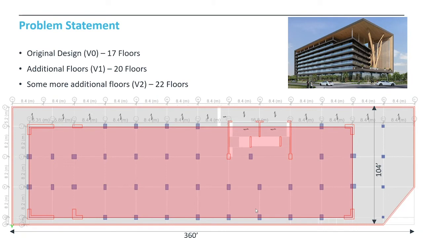Of course, there were a few columns where there was no requirement for us to widen below the ground floor level, but because of some deflection or other criteria they needed to widen it at the upper level. So we had to ensure that whatever the maximum size of their column is, it's transferred till the foundation level. Even if we didn't need it, we provided the widening in the lower level which was constructed.